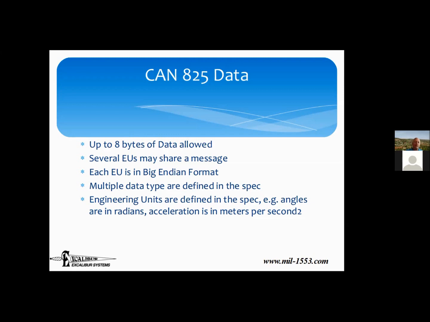Now, CAN uses big endian format, which is the same format that Ethernet uses. That's mostly important if you're using a PC, for example, to connect to a CAN bus, and PCs use little endian format. Now, what is big and little endian format?